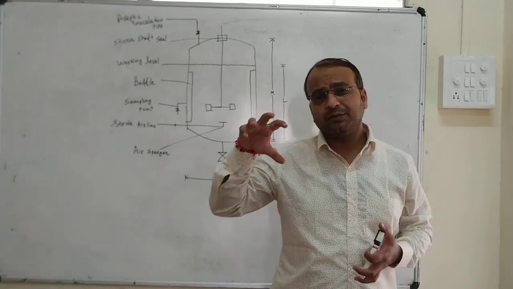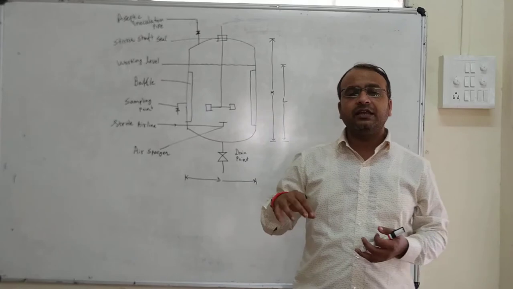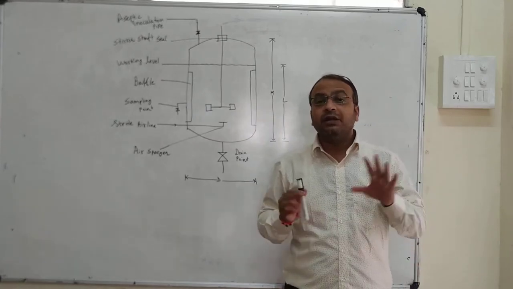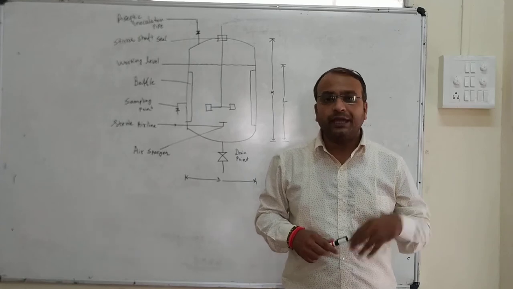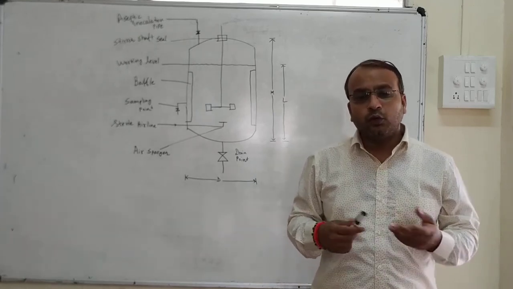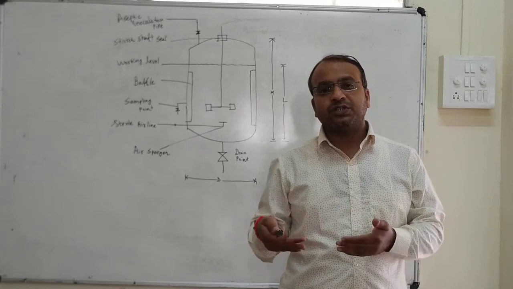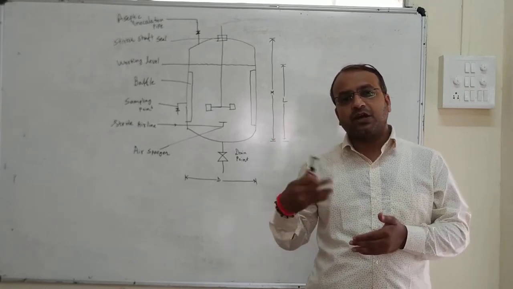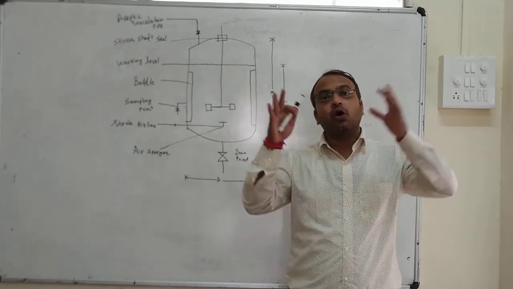Whenever you use the terminology fermenter, it necessarily deals with fermentation processes. Whenever we use the terminology bioreactor, it includes fermentation as well as the non-fermentation processes which are catalyzed or facilitated by microorganisms. So bioreactor is a broad term.